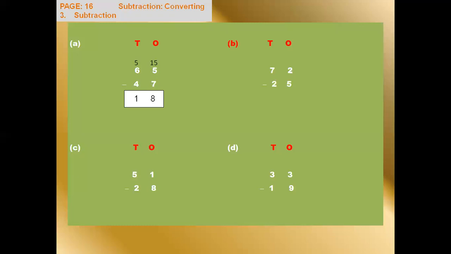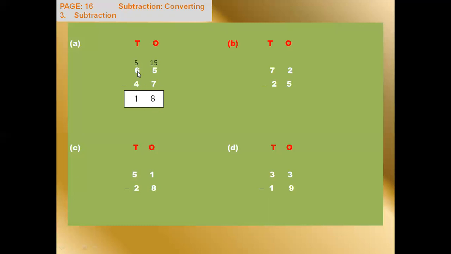So 15 minus 7: you draw 15 lines and then cut 7 lines, and then what will be the remainder? 8. So if you cut 7 lines from 15 lines, 8 lines are left, and we will write 8 here.